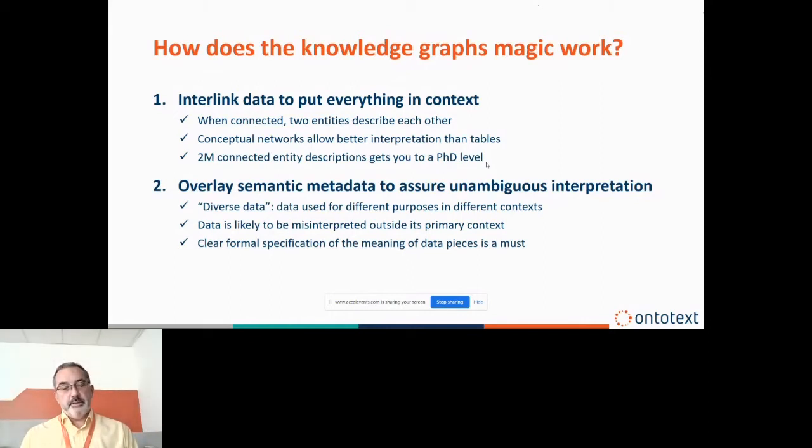And this data is meant to be used in different contexts. And each time you use data outside its primary context, there is a chance for misinterpretation. So the only way in which you can use diverse data taken from different contexts without misinterpreting it is to have a very clear specification of the meaning.